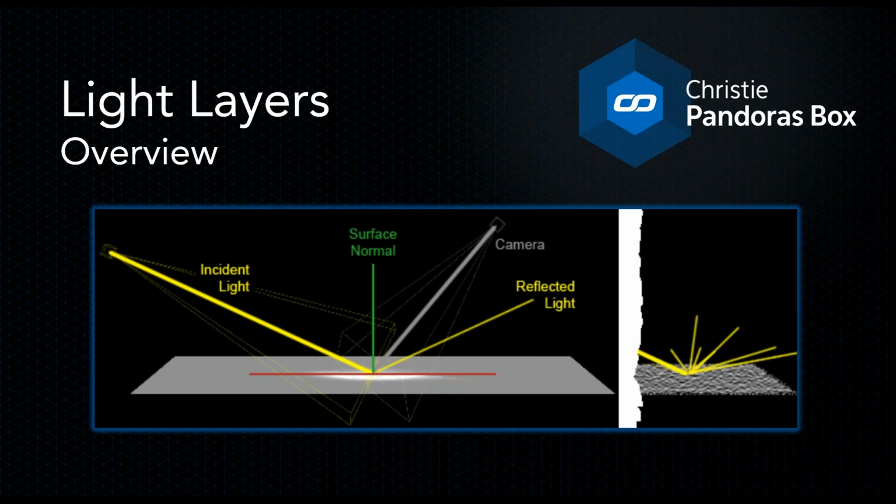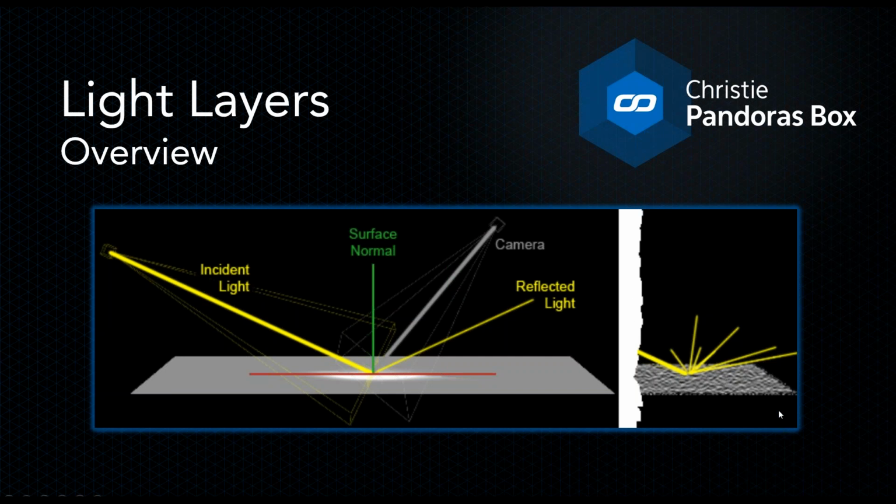The same thing happens in a digital world. We have an incident light, we have a surface, which is also known as a normal, and then we have the reflected light that is picked up by the virtual camera. In the same way, in our real world, it's picked up by our eyes.